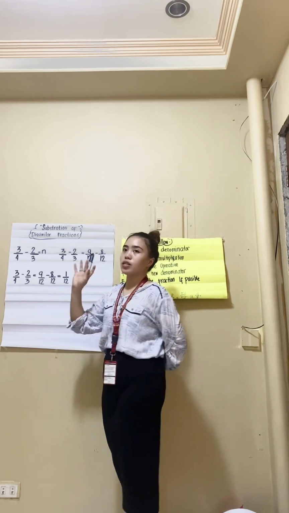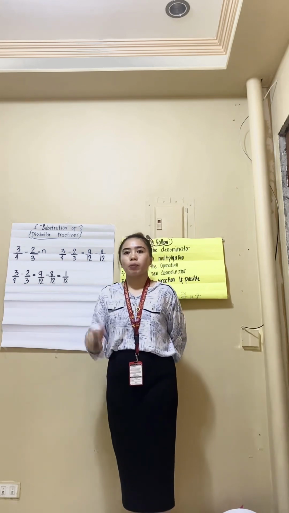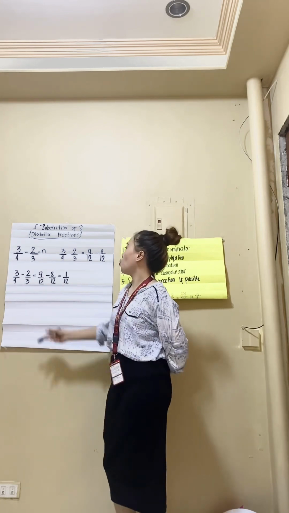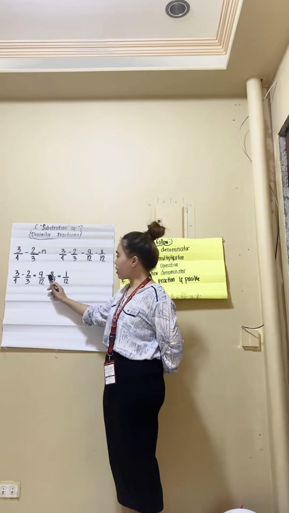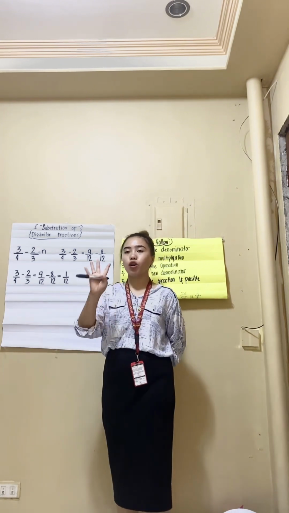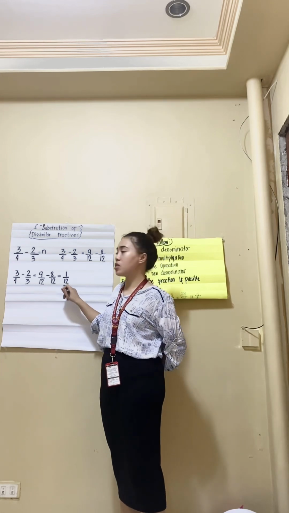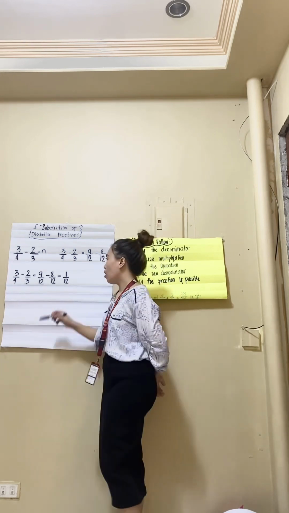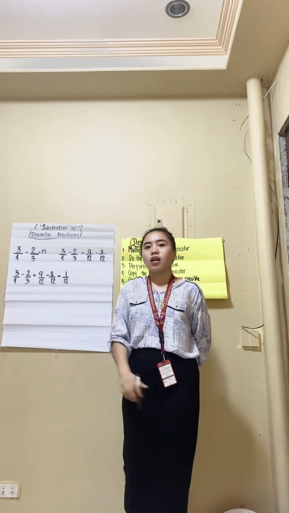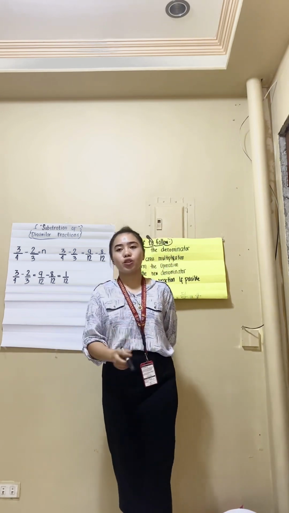In the third step, we perform the operation. 9 minus 8 equals 1. The fourth step is to copy the denominator, which is 12. Lastly, simplify the fraction if possible.